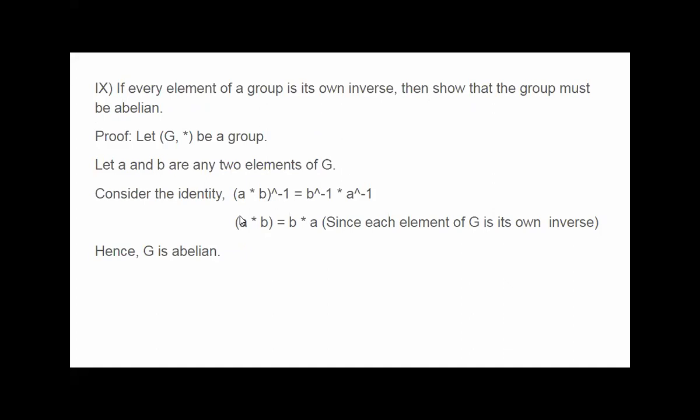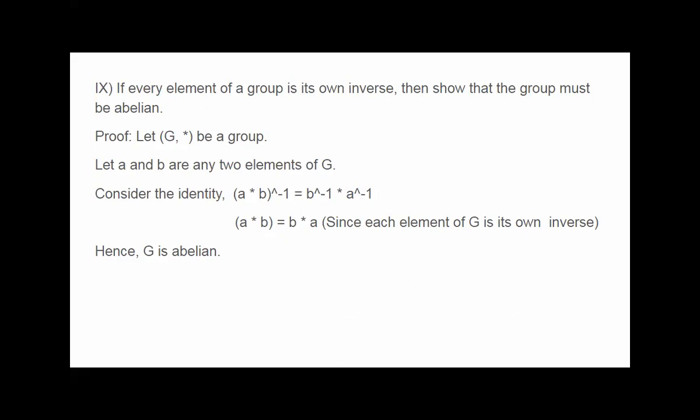The next example is, if every element of a group is its own inverse, then show that the group must be abelian. G star is the group. Now we know it possesses all the properties: closure, associativity, identity, and inverse.